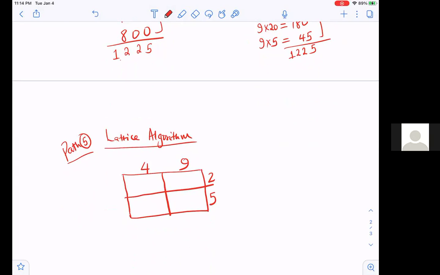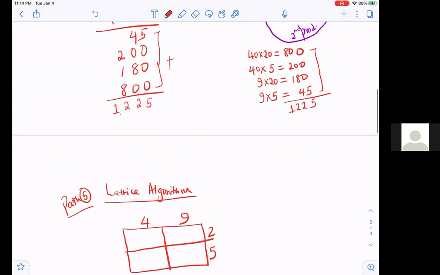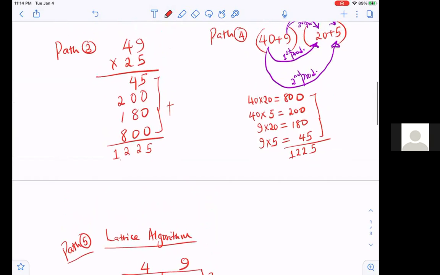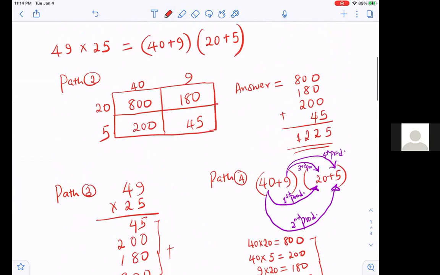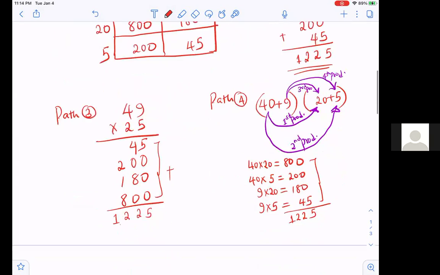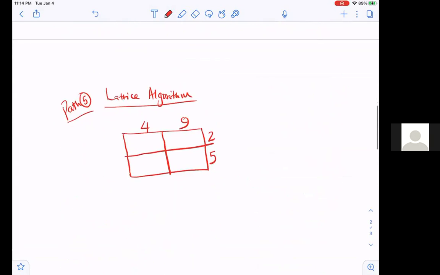Notice this is a little bit different, the way we have written these digits from how we did for the box here. The box, we were really keen on the place value of our digits. So instead of just writing a 4 there, we wrote 40. But in this case, for the lattice algorithm, we just indicate the digits as they were given, 4, 9, 2, 5.